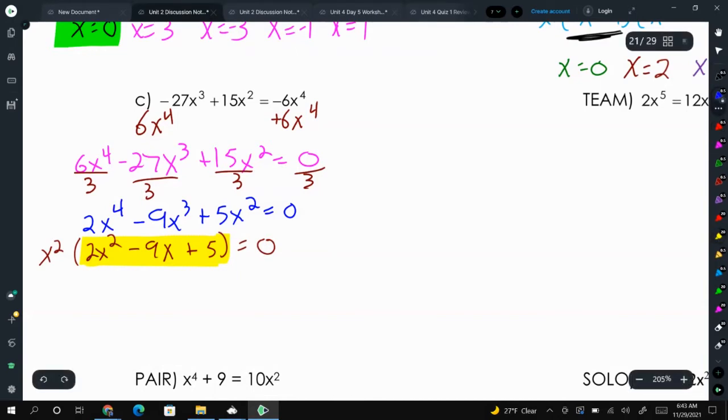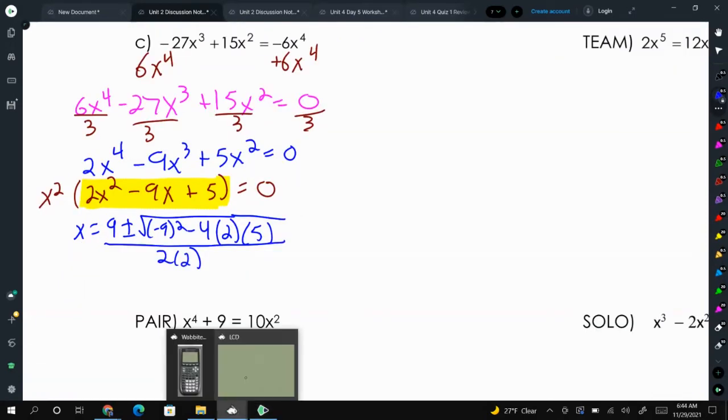So that quadratic formula we're going to use, x equals negative b, so negative 9, so 9, plus or minus the square root of negative 9 squared minus 4 times a, which is 2, times c, which is 5, all over 2 times 2.